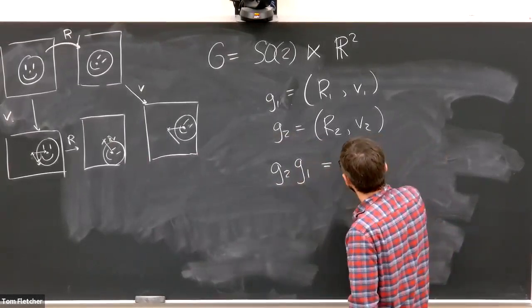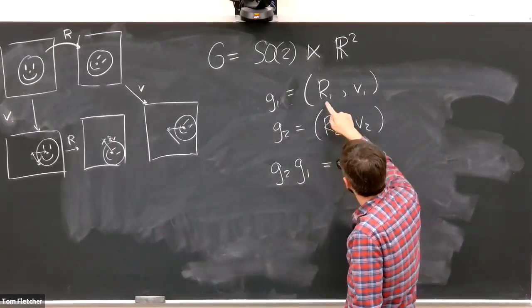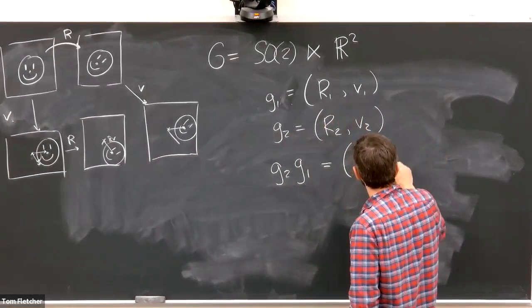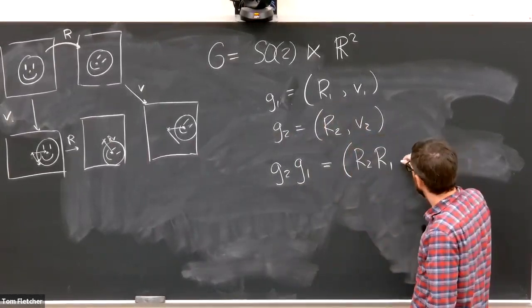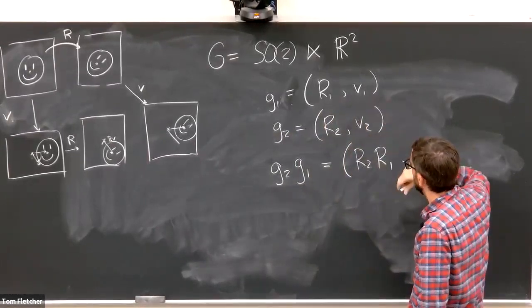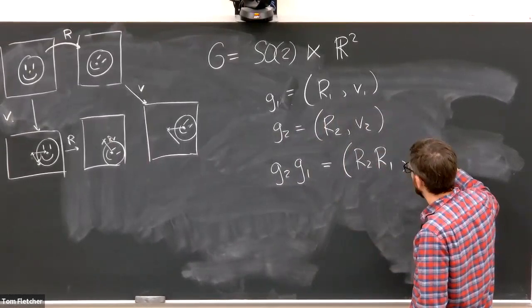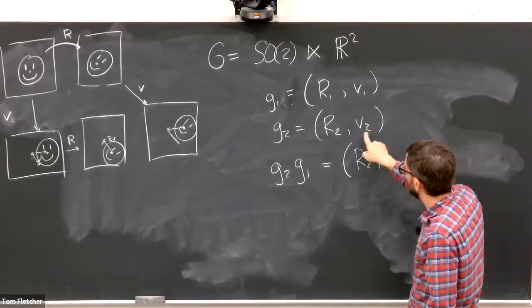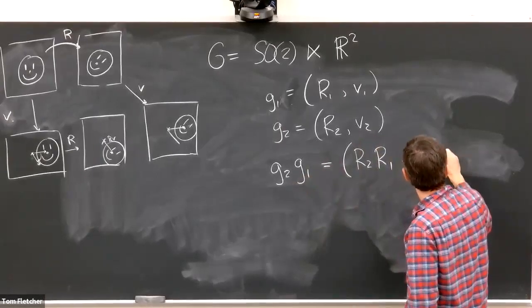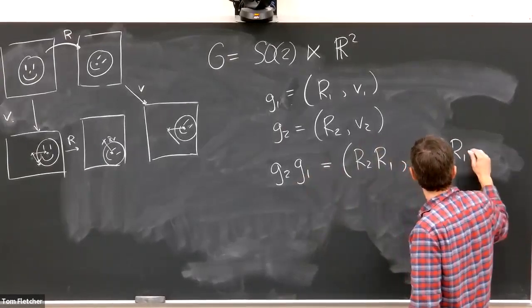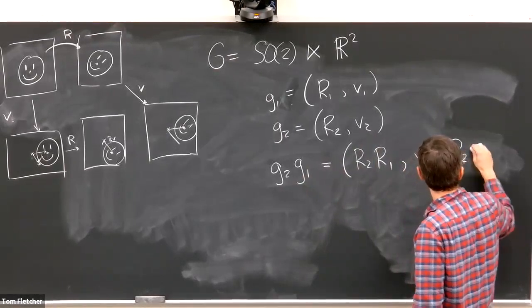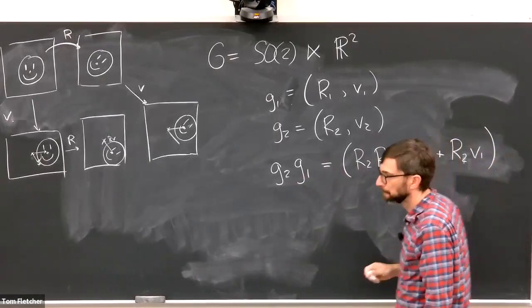If I multiply these two together, I get R2 times R1 for the rotations. That's all fine and good. And then I get, let me make sure I do this right, v2 plus R2 v1.